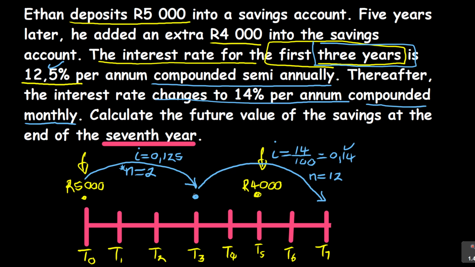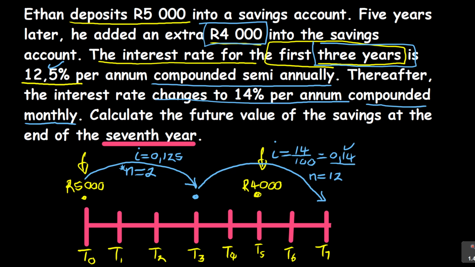Then after 3 years, it became 0.14. But what about the 4,000? The same 4,000 was deposited into the account, but now they are saying thereafter the interest rate changes to 14%. But the good part about the 4,000 is that it was deposited in year 5, and in year 5 already, it was under the interest rate of 0.14.